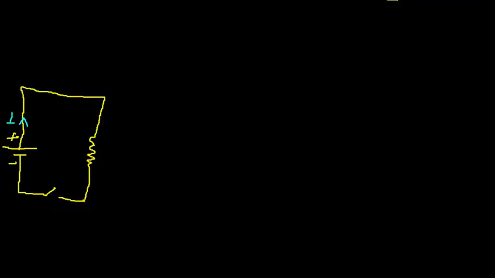Okay, so let's say this is a cell, this is one connecting wire, this is resistance, and here we have a switch. This is the positive terminal of the battery, this is the negative terminal of the battery, and the current by our convention moves out from the positive terminal of the battery.